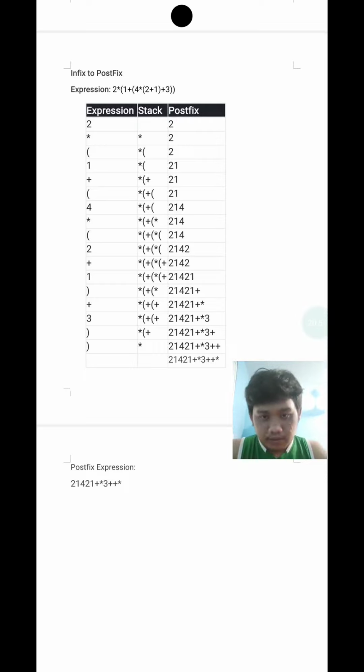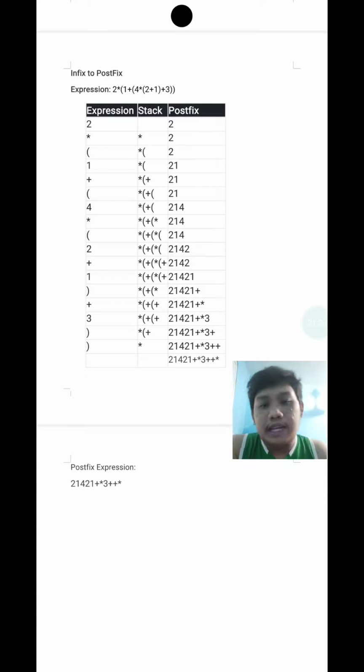So here the popped item is the plus sign. The plus symbol is appended to our output, so it becomes 2 1 4 2 1 plus times 3 plus. The opening and closing parenthesis will also be popped from the stack. So what remains is times, parenthesis, plus.